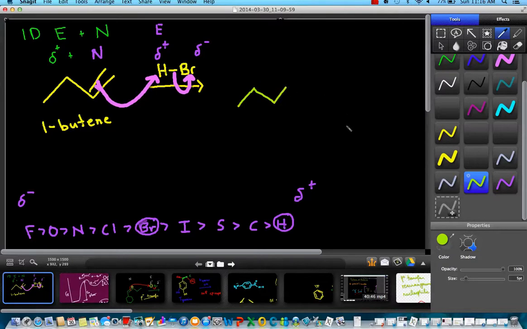Where's the positive charge going to be? Oh, onto the second carbon. A secondary carbocation is more stable than a primary carbocation. And what else do I have in solution at this point? Br. I have Br minus.